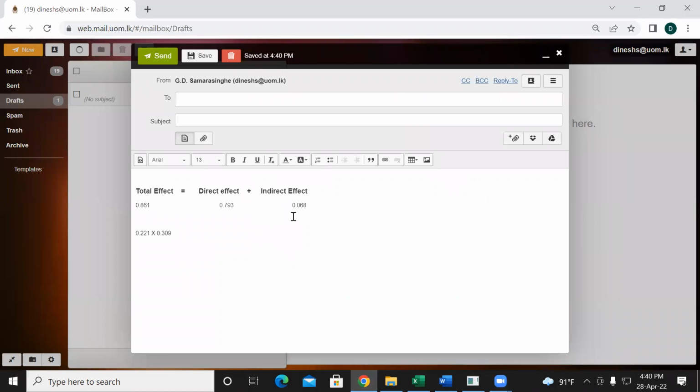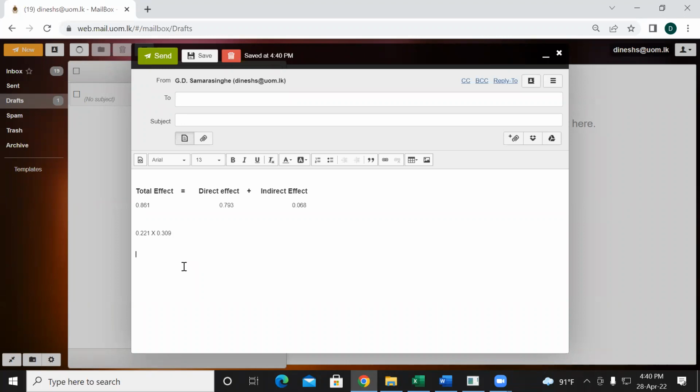That means there can be some other mediators which are outside the model, Mr. Lasantha. Understand. So if the indirect effect is much larger than the direct effect, then what? Simply you can do it like this. You know the total effect, no?